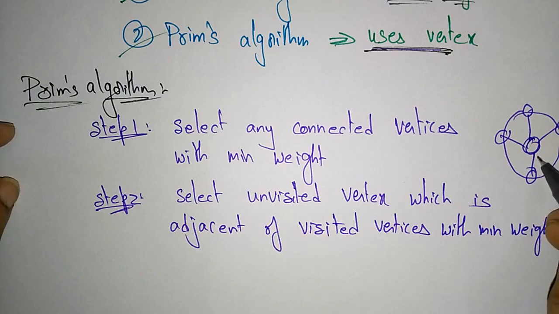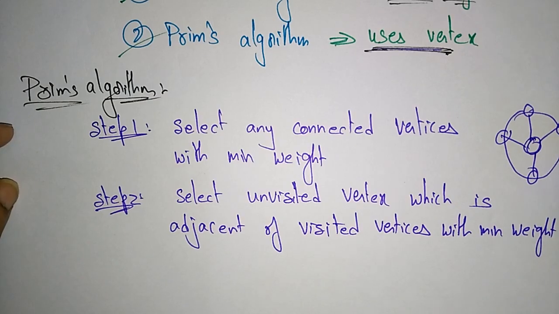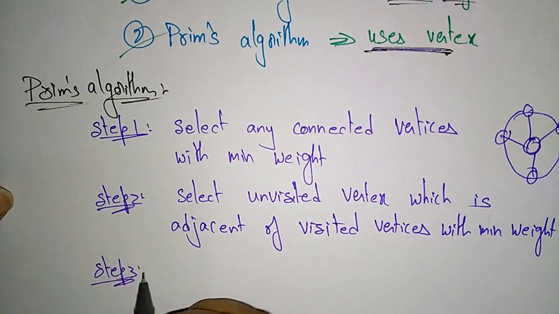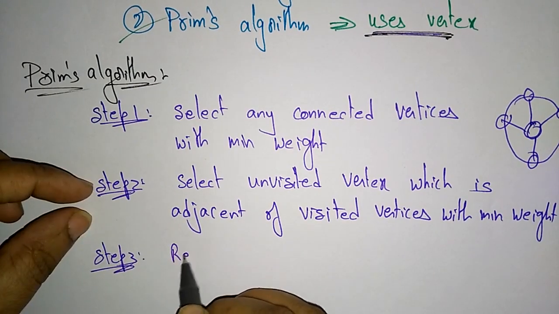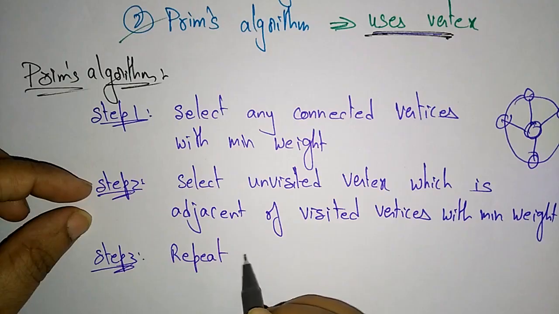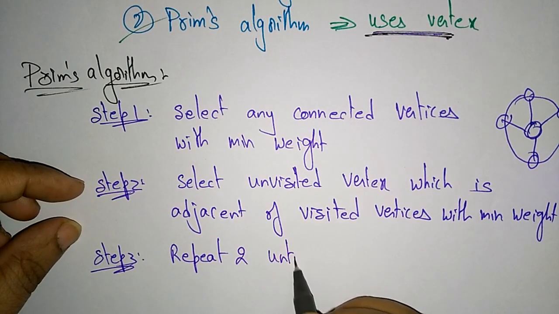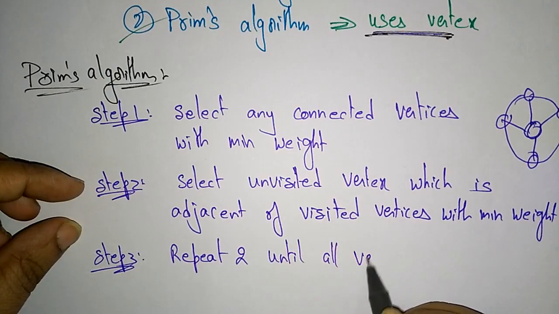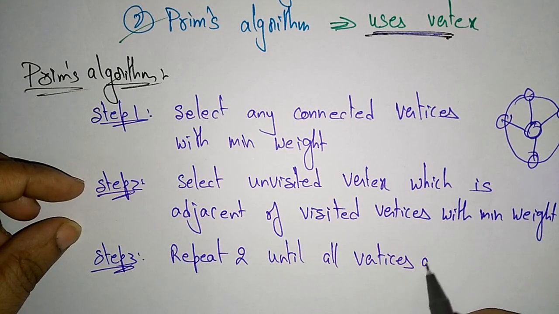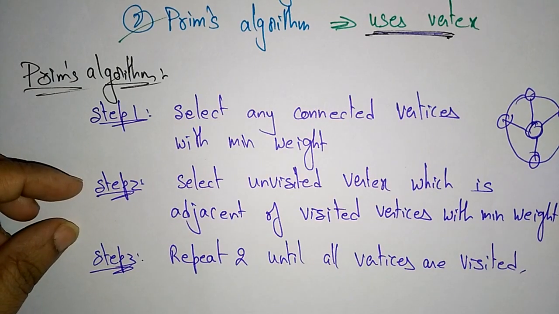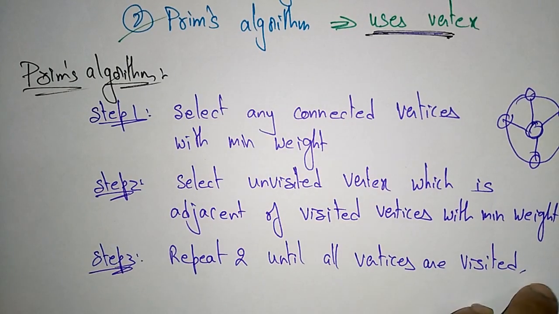That vertex should be with minimum weight. And step 3: repeat step 2 until all vertices are visited. Okay, now let us see one example of how Prim's algorithm will work.